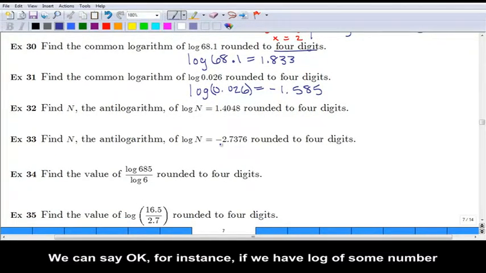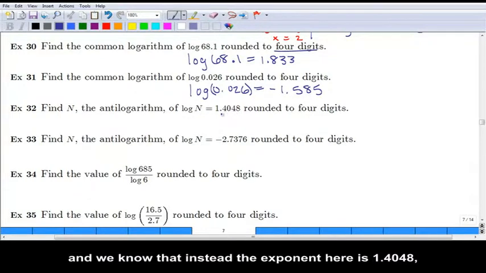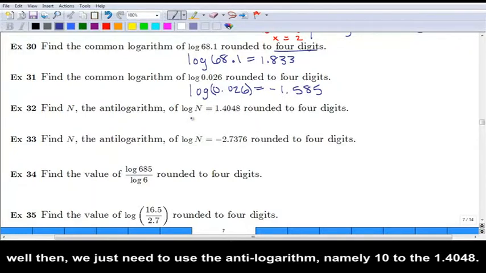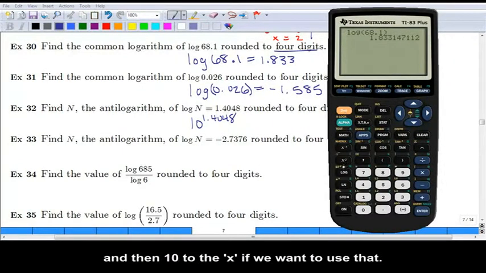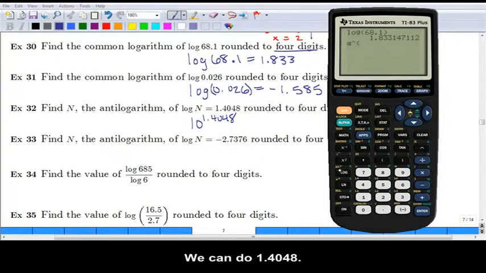We can work the other way with this. We can say, okay, for instance, if we have log of some number and we know that instead the exponent here is 1.4048, well then we just need to use the anti-logarithm, namely 10 to the 1.4048. Again, if we plug that in the calculator, we have to hit second and then 10 to the x if we want to use that.